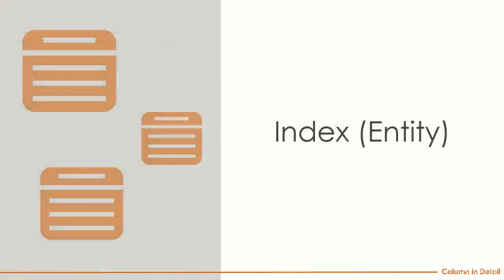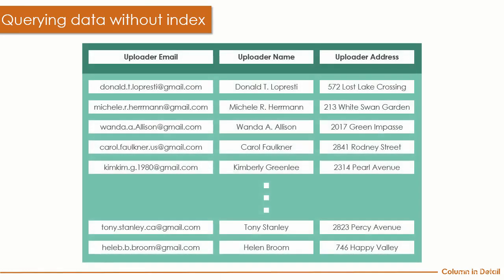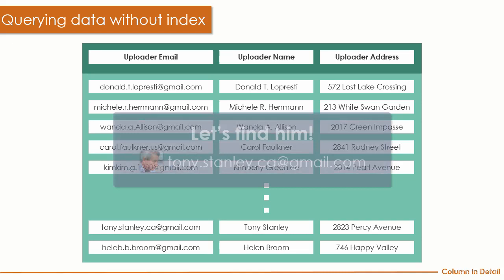Index. As we said before, the database is the key component of your application. So if you have a good performance database, you will get a very fast responding application. The index is one of the approaches you can use to speed up the database. Let's look at what happens if we query the database without an index.